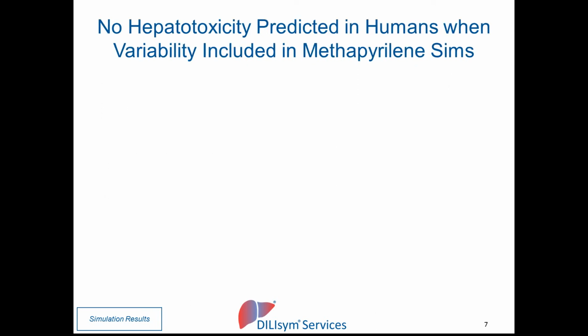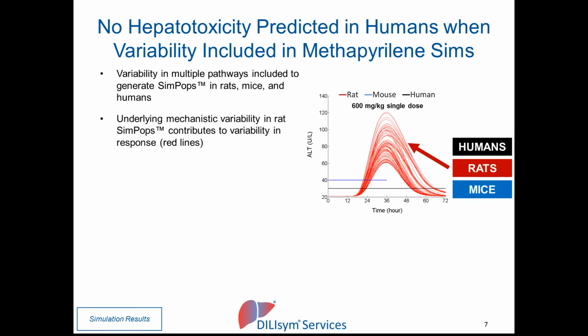So we then conducted a similar set of simulations in our SimPops, accounting for variability in a variety of relevant biochemical areas, and in rats, mice, and humans. The figure here shows that we did predict a range of responses as far as the maximum ALTs for rats given a single 600 milligram per kilogram dose.